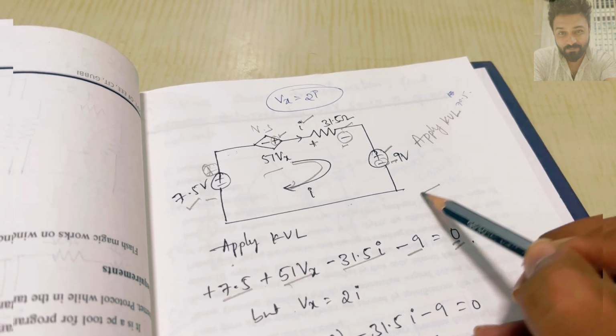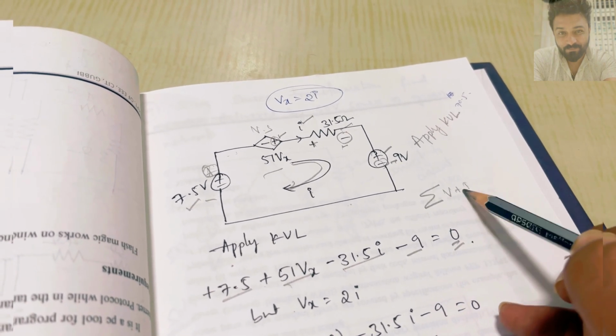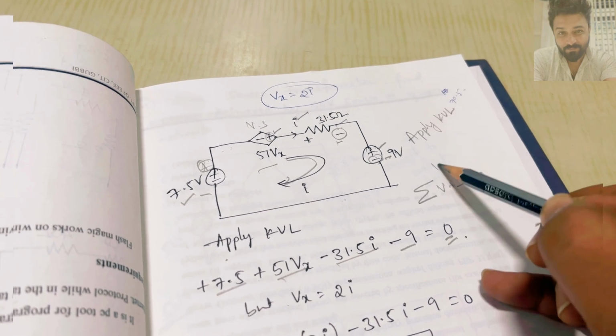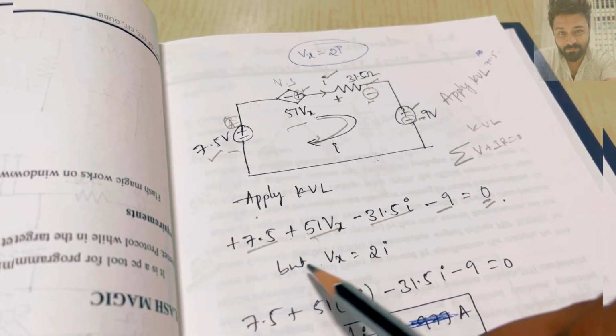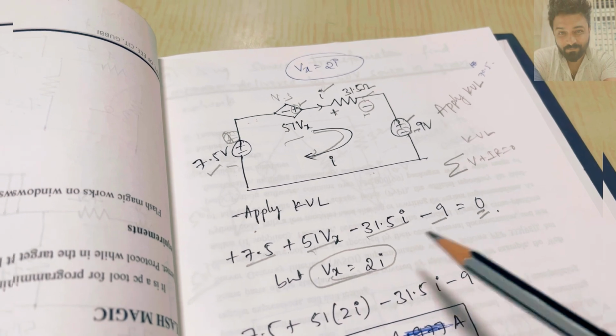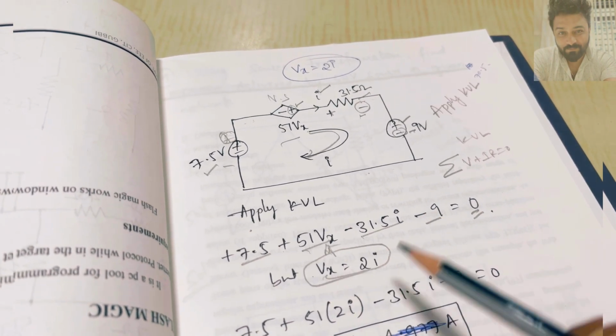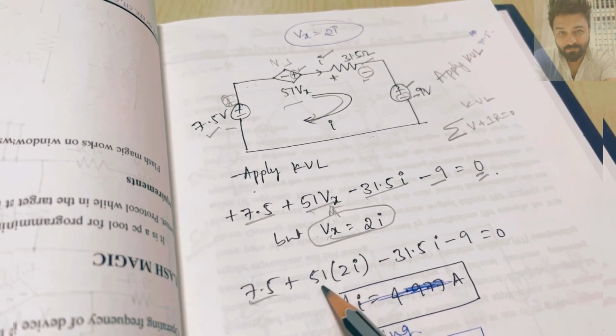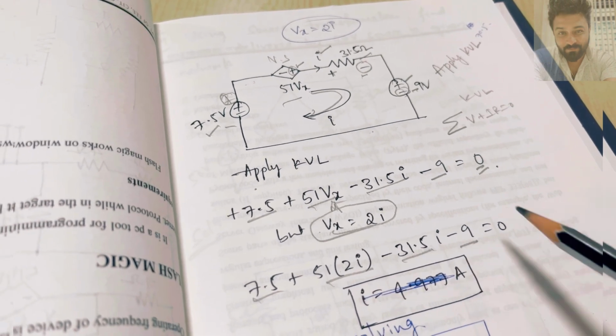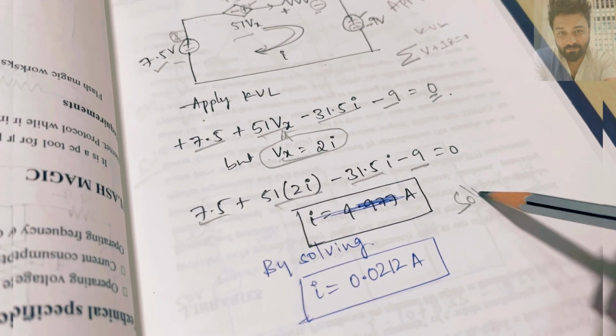But Vx, you know, is 2 into I. This is KVL: the summation of EMF and resistive drops equals 0. By substituting that value, you get 7.5 plus 51 into 2I minus 31.5 I minus 9 equals 0.